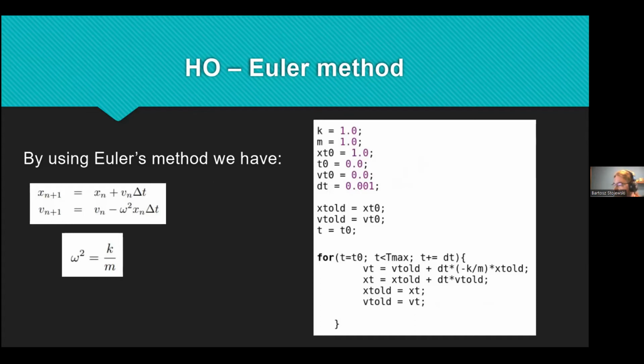In the program, K is the spring constant, M is the mass in kilograms, x0 is the initial position, t0 is the initial time, v0 is the initial velocity, and dt is the time interval. This is one of the simplest methods of solving the simple harmonic oscillator.